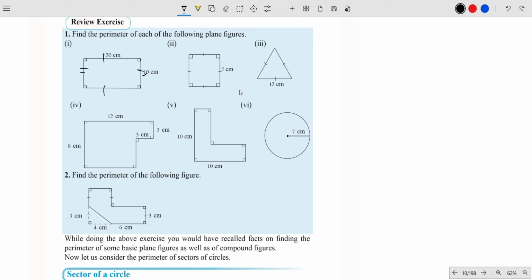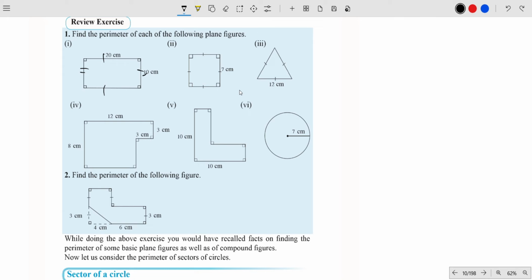In the fourth and fifth questions, we fulfilled the images by considering the sides as full sides, and we did the questions. In the sixth question, it's a circle. So we find the circumference of the circle as the perimeter, using the equation 2 pi r.